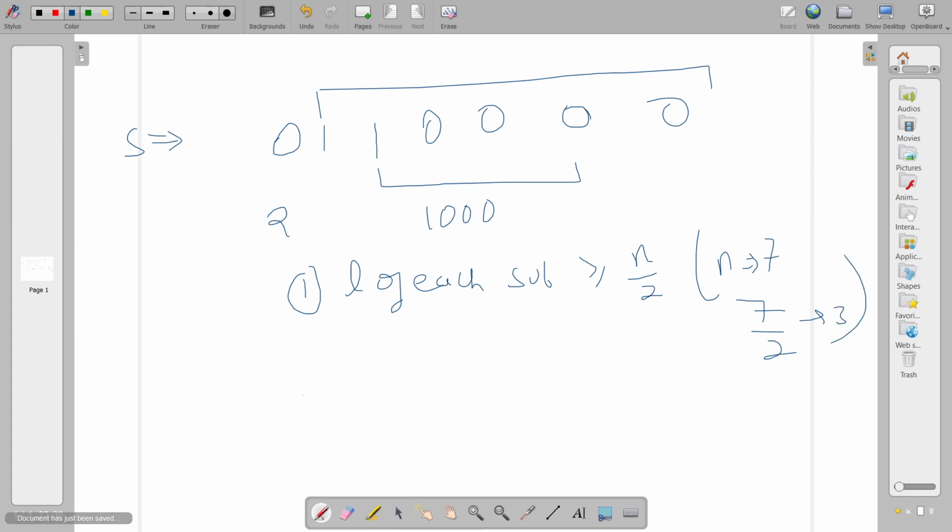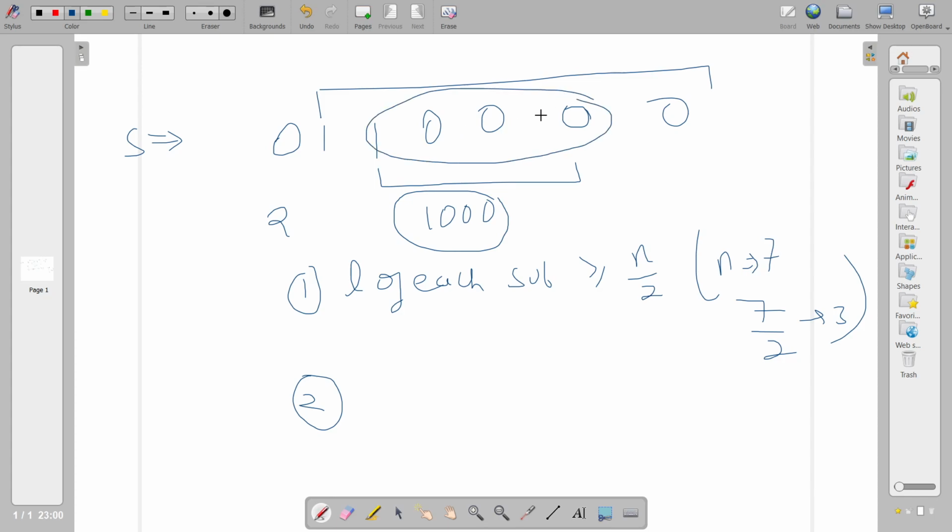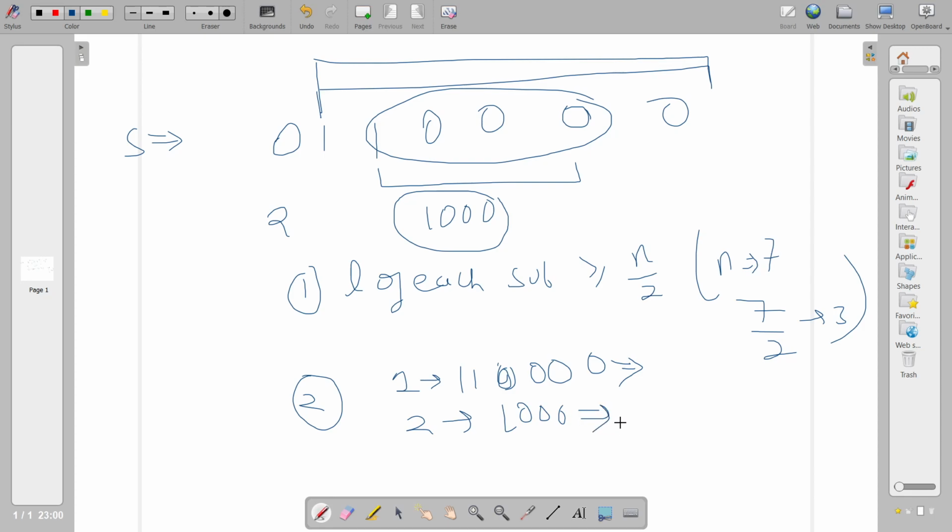The second condition states that when you take a string, suppose you take this as your first string, and you take this entire part as your second string, say the first string is 110000 and the second string is 1000, you first have to convert them into their decimal representation.